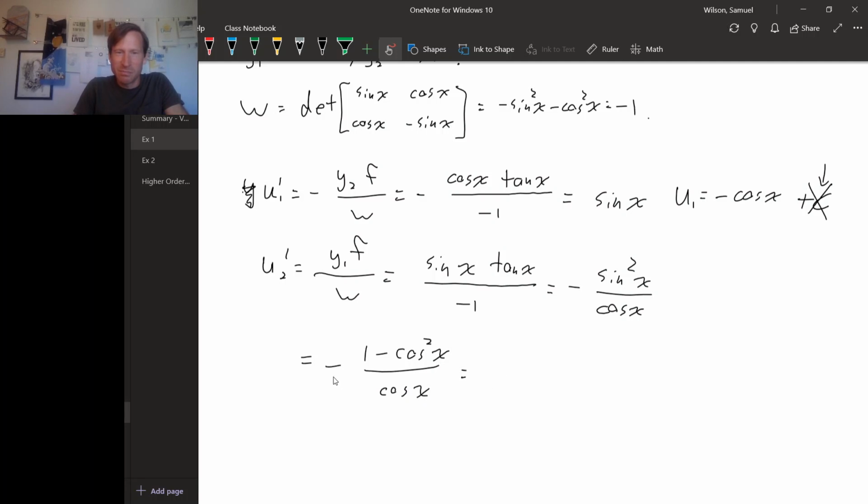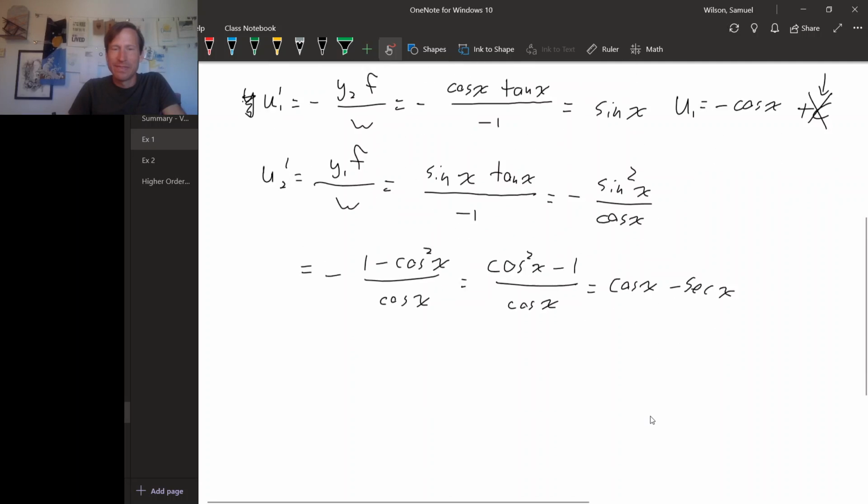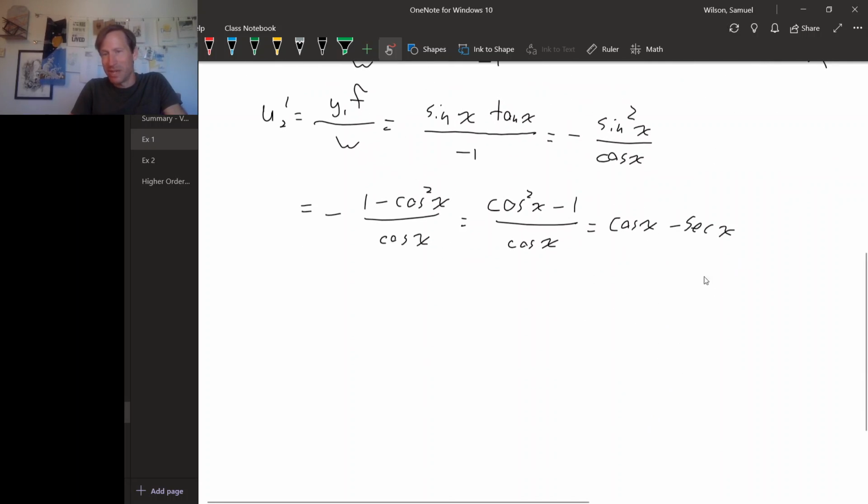Okay, let's use this minus sign to turn the sum in the numerator around, or the difference. So we get cosine squared x minus 1 over cosine x. And then we can split up this fraction. So cosine squared over cosine is cosine x minus, and then 1 over cosine is secant x. And then this is something that we can integrate.